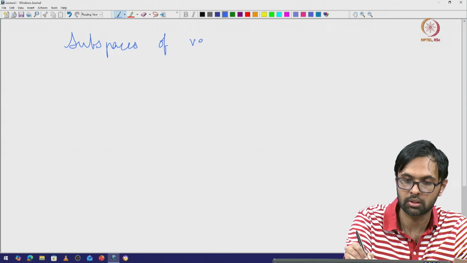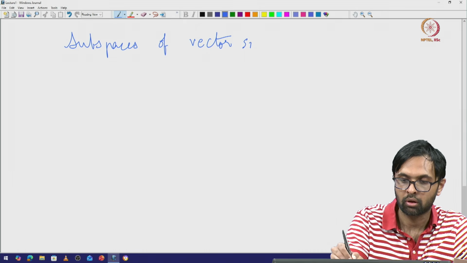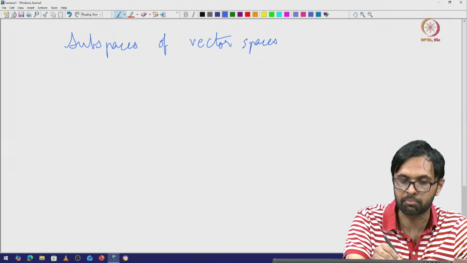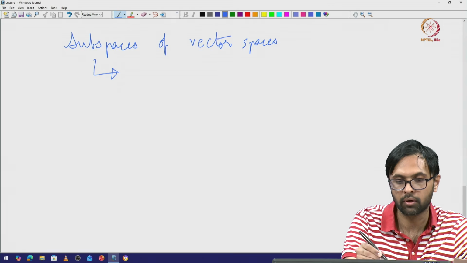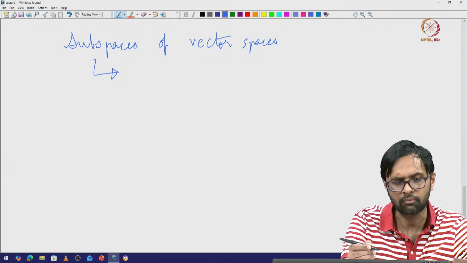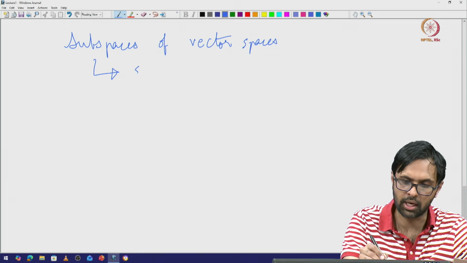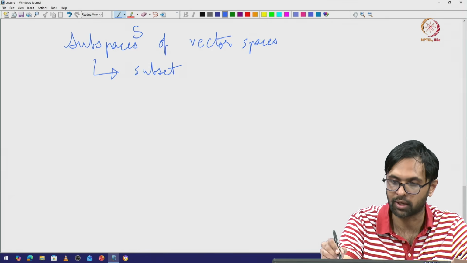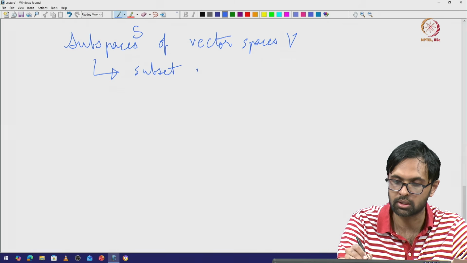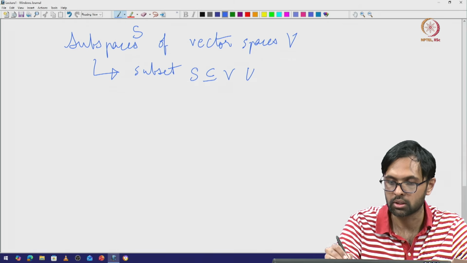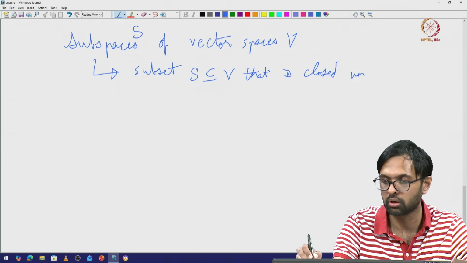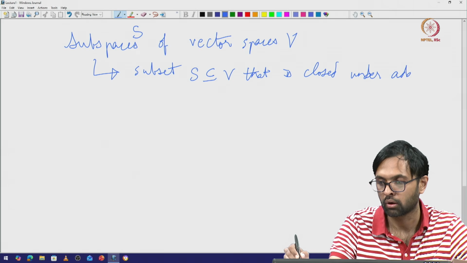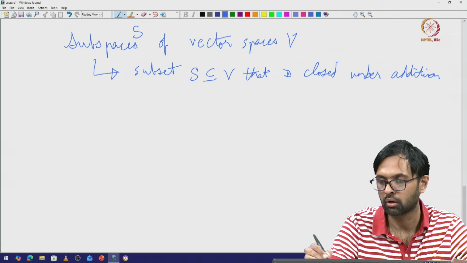Subspaces of vector spaces. So for our purposes, a subspace can be simply thought of as a subset S of a vector space V that is closed under addition and scalar multiplication.